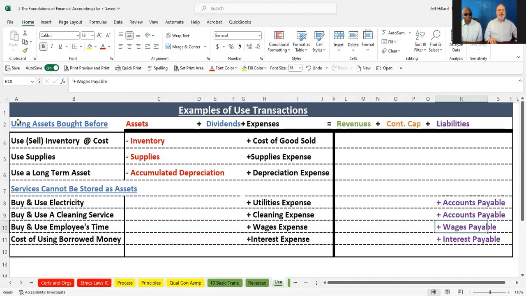Same thing with your employees' time. Okay, you are using your employees' time, so it's a wages expense and wages payable. And the final use is the cost of using somebody else's money when you borrow. It's based on time, and we'll deal with this in a few chapters. It's interest payable and interest expense.